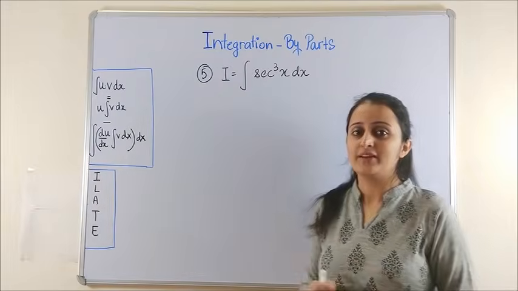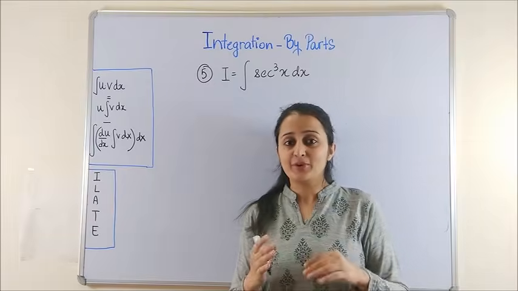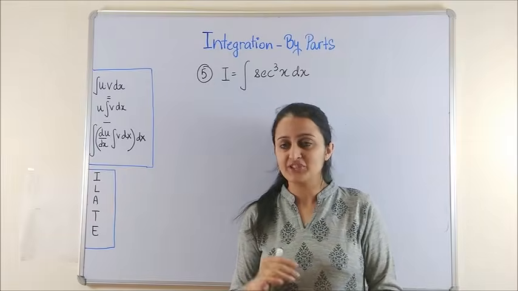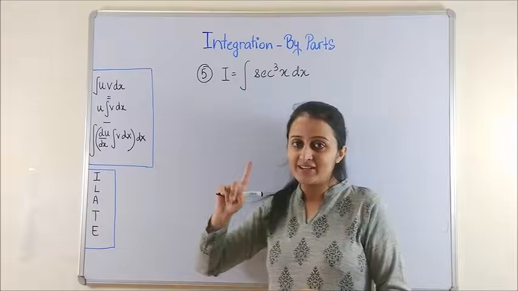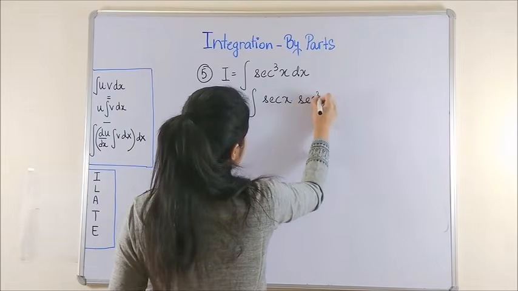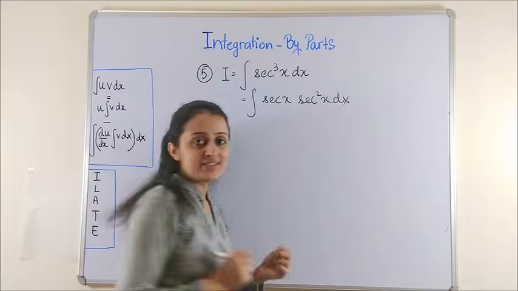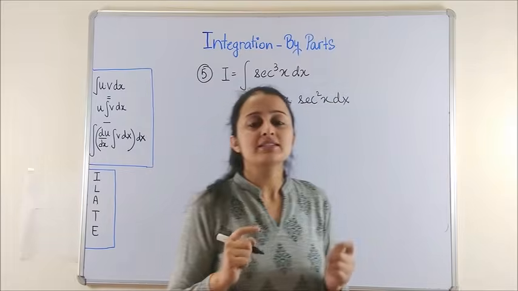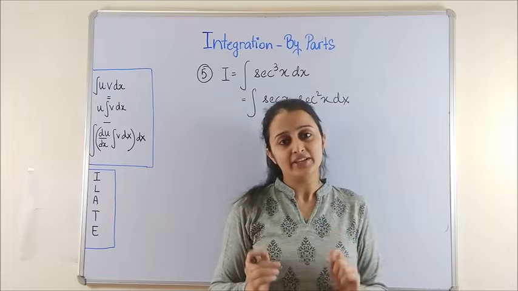Look at the fifth one. Well, it's not mandatory that you have to introduce the second function in the form of 1 only. I can write this as secant x into secant square x. How does that help? Which amongst this has a simpler integration?